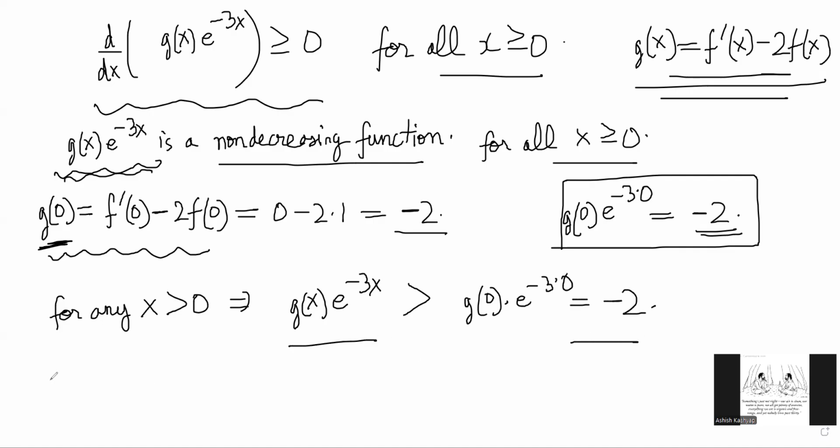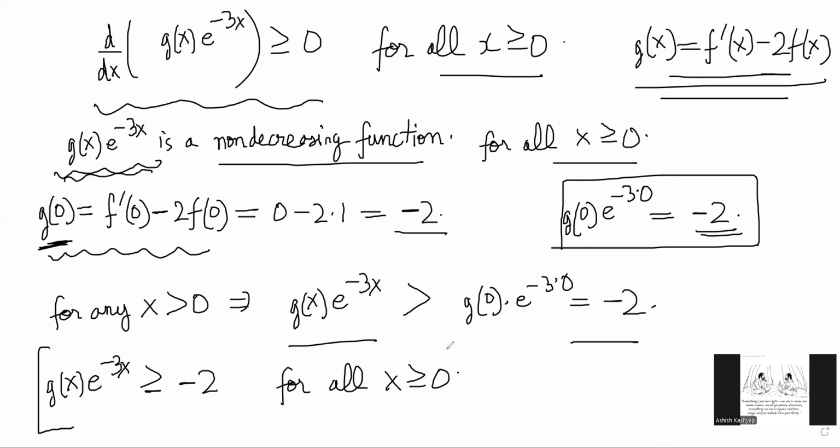So you should be able to make the claim that g x into e power minus 3x is greater than or equal to minus 2 for all x greater than or equal to 0. I hope you are understanding what I have done so far. Because this function is non-decreasing and the value at 0 was minus 2, after that the values will increase, so it will be greater than or equal to minus 2. That is one inequality that I have gotten at this stage.